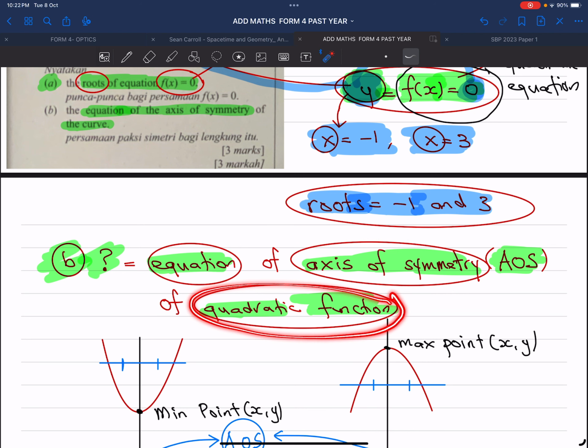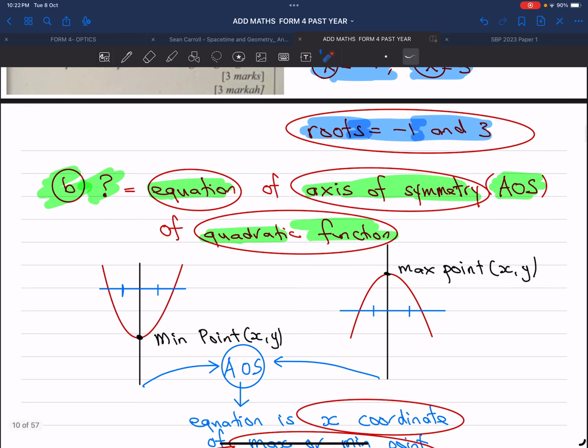From the notes we learned that a quadratic function in the shape of U has a minimum point with coordinates (x, y), and the vertical line through the minimum point is the axis of symmetry.